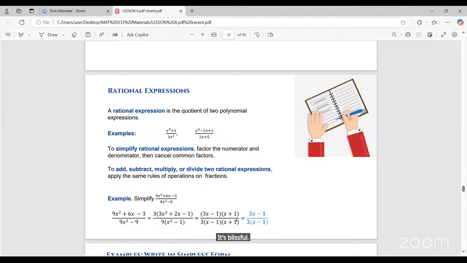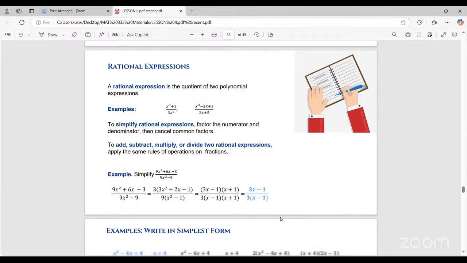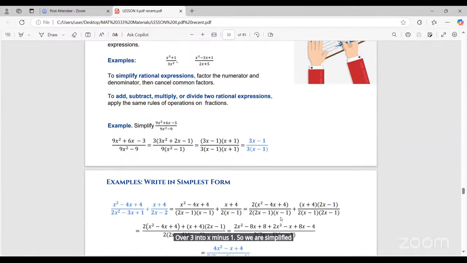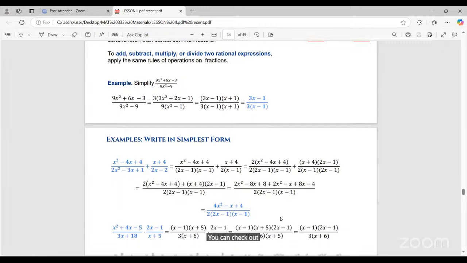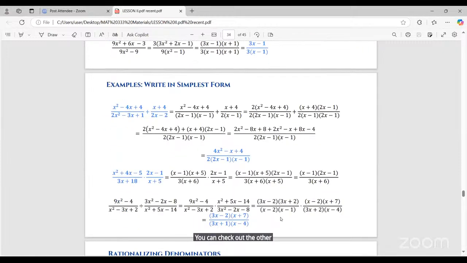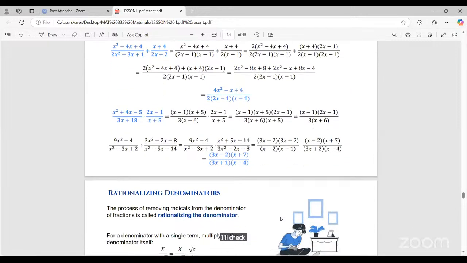So x plus 1 cancels with x plus 1. We have 3x minus 1 over 3 into x minus 1. So we have simplified our expression. You can check out the other examples.